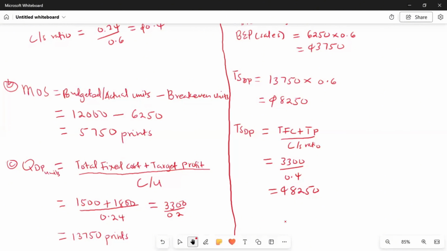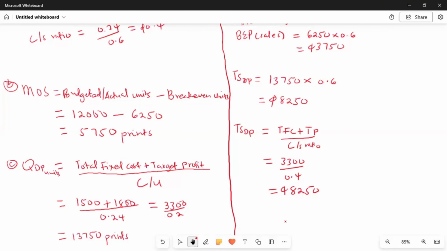So it means you have to target a profit that will be more than the 1,800, so that when the tax rate of 25% is deducted, you are going to get your profit of 1,800, which means you have to sell more units to get more than 1,800. I don't know if you get it. So that's what the after tax means.